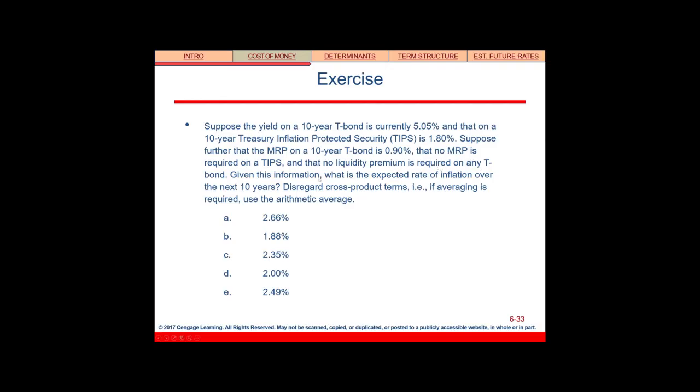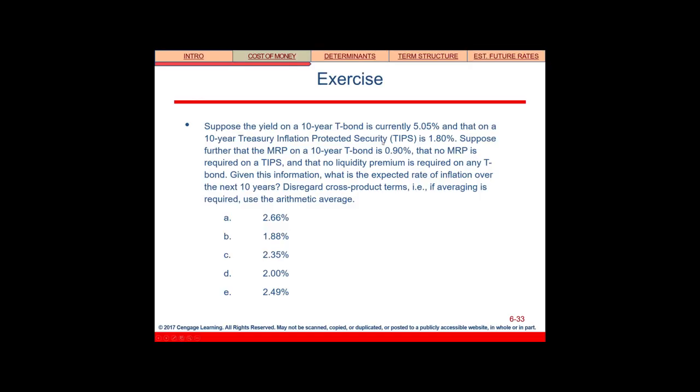Given this information, what is the expected rate of inflation over the next 10 years? So basically, the information you have right now is for these two securities, a 10-year Treasury bond and a 10-year TIPS, the inflation protected security.